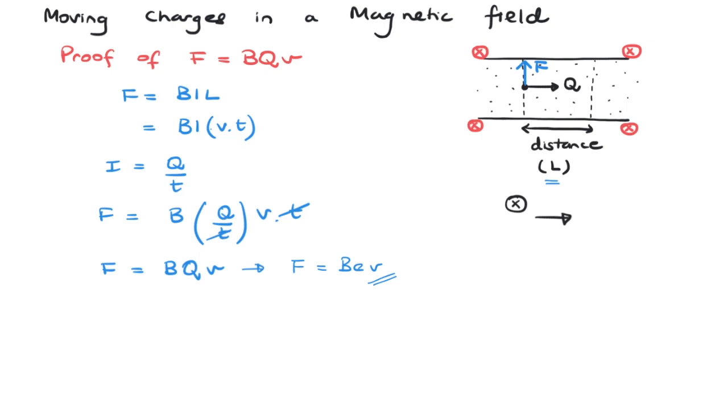Now, if you were to consider the same case but in slightly more detail, let's say this charged particle is moving, but because the force is acting upwards, it's basically going to go in a circular path. The force acting on this particle is always perpendicular to the velocity, so we can link this to the centripetal force.